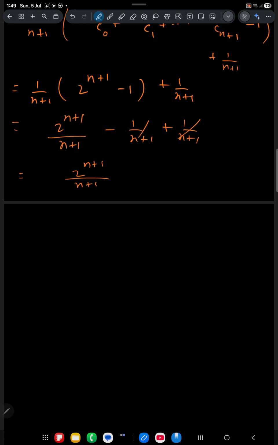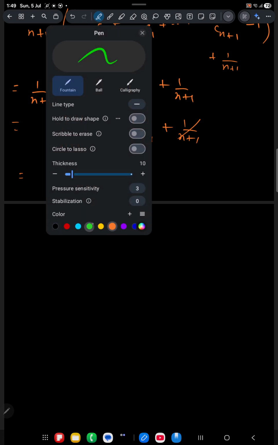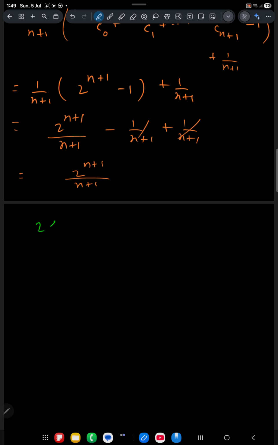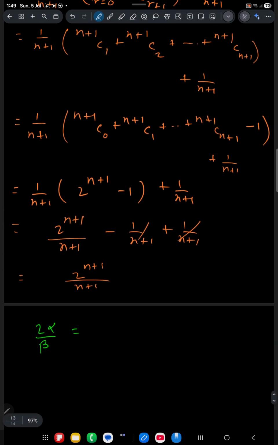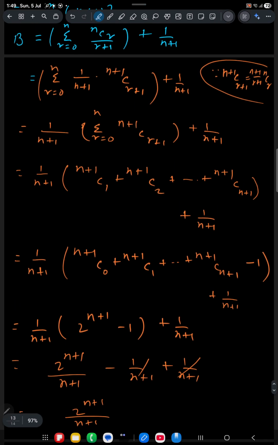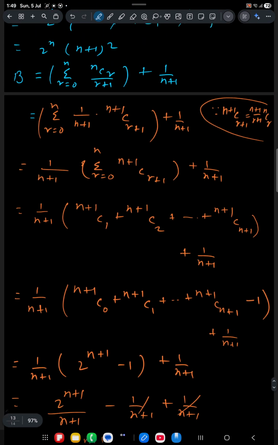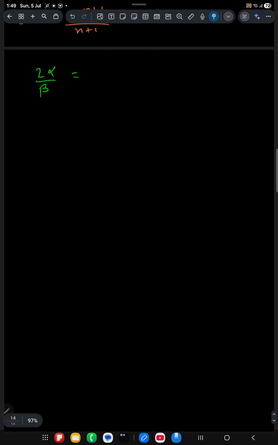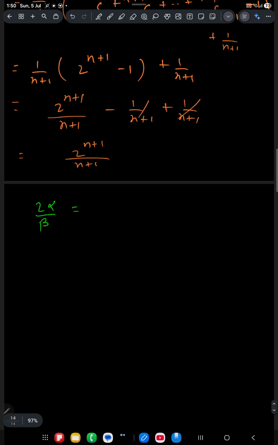Now in the question we have to find 2 alpha upon beta. Just now we have got alpha, this is your alpha: 2 raised to the power n into (n plus 1) whole square. So write it: 2 into 2 raised to the power n and (n plus 1) whole square, divided by beta.